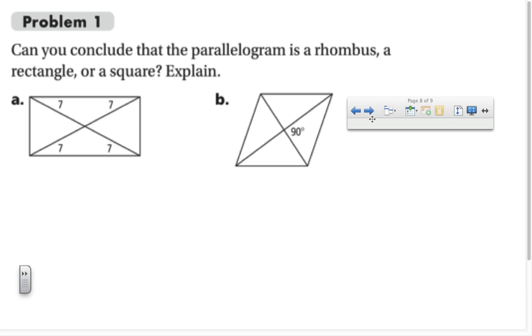And then in addition to that, look at the markings in part A. Is that a rhombus, rectangle, or square? Notice the markings. It's a rectangle. As far as explaining, the diagonals are congruent.